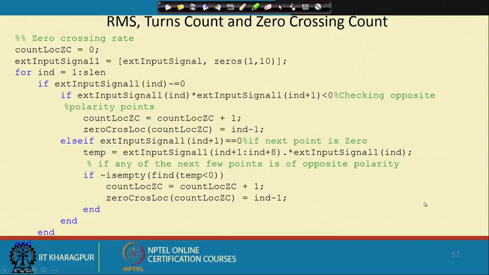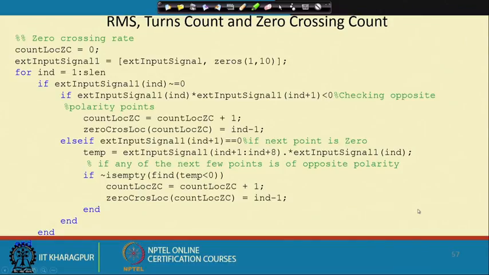Then we go for 0 crossing rate. We are finding out how many changes in signal are happening and we are marking that, and then we are counting within that window size how many such changes in sign are happening.